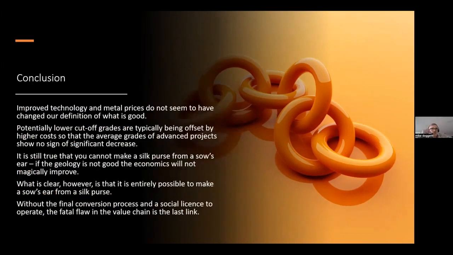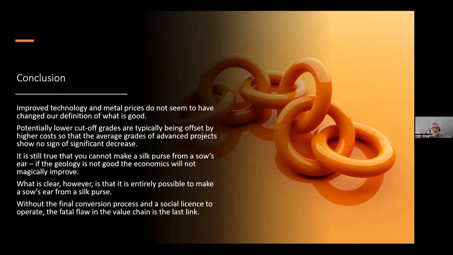So to wrap up, we've seen that improved technology and metal prices do not really seem to have changed much in terms of our definition of what is good. So we've seen improvements in all sorts of technological aspects. The metal prices are way higher now than they have been in a long time.